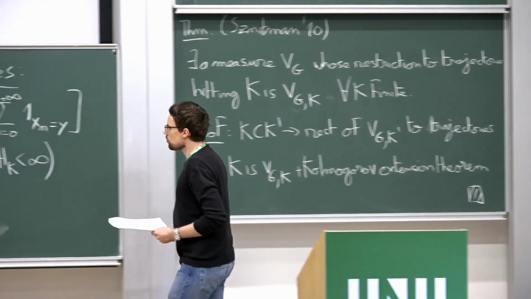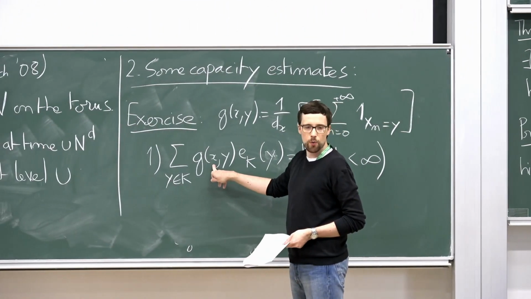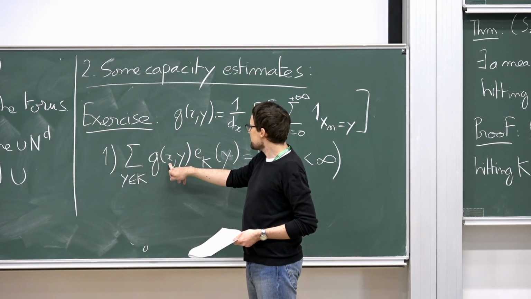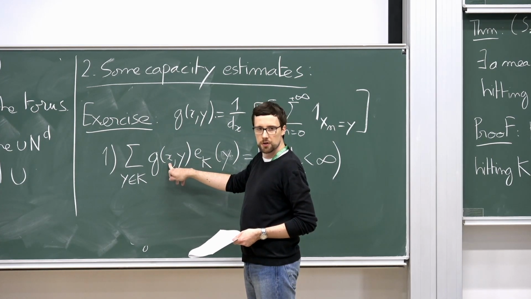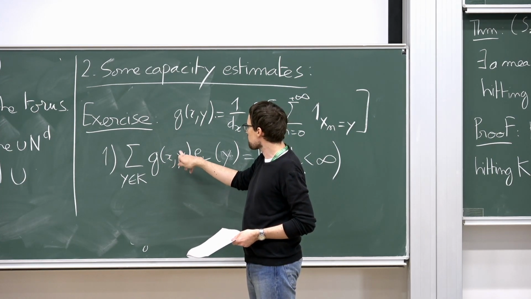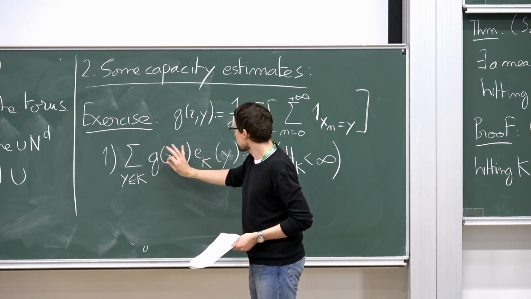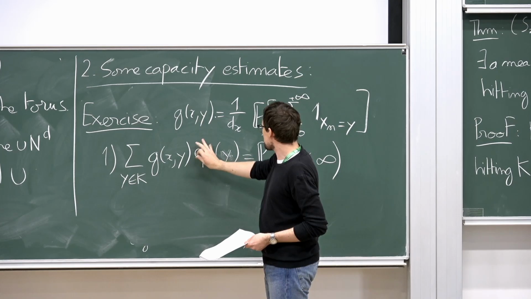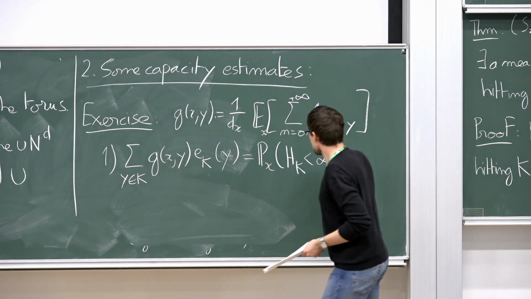So what this means is that, let's say x is really far away from K. Then your Green function is basically always of the same order, because it's just the probability to go from x to y where y is far away. So you can somehow put your Green function outside of your sum, and then you get a relation between your capacity and your hitting probability.